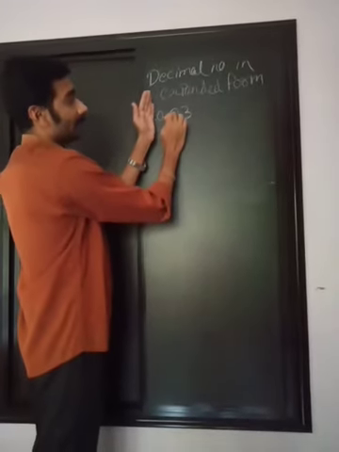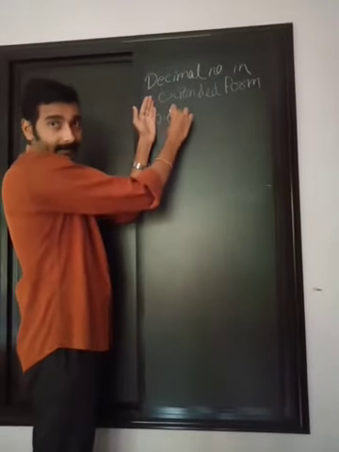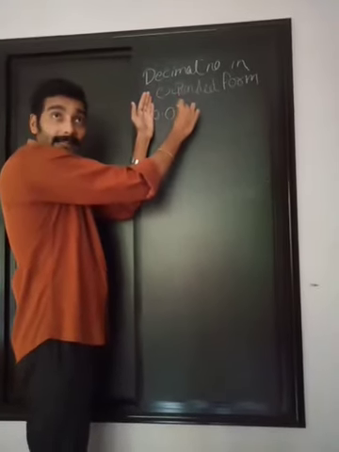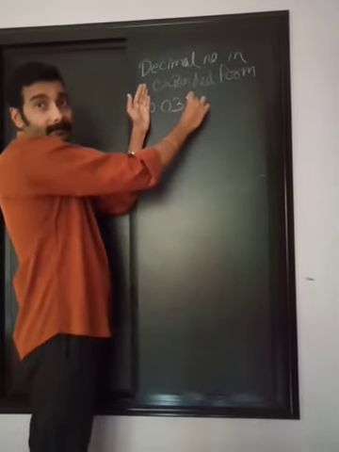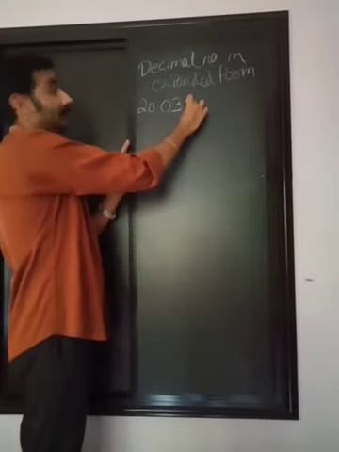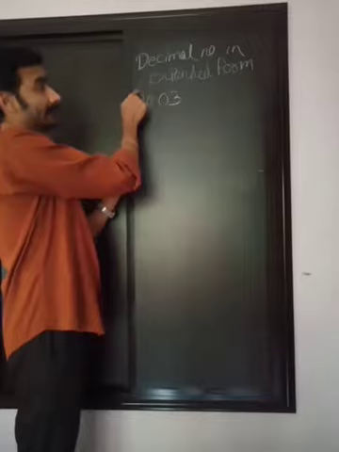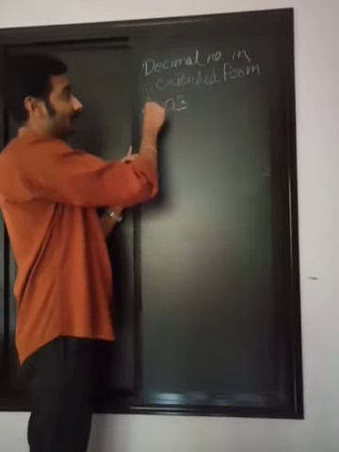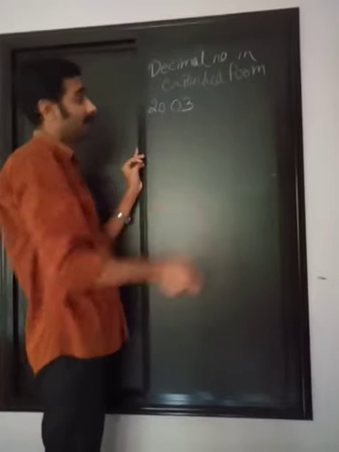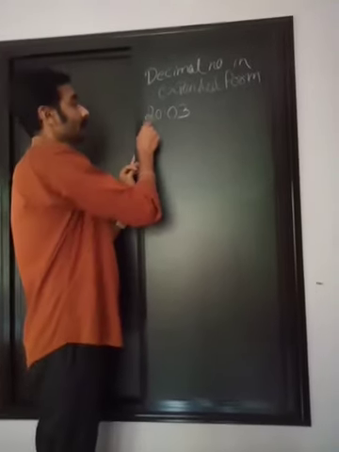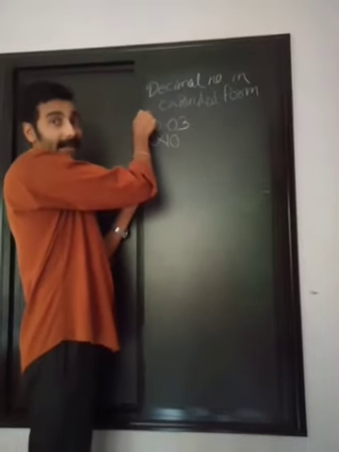After the decimal, the places are 1 by 10, 1 by 100, 1 by 1000. Then we write the expanded form with ones and tens. Expanded form means 2 into 10.